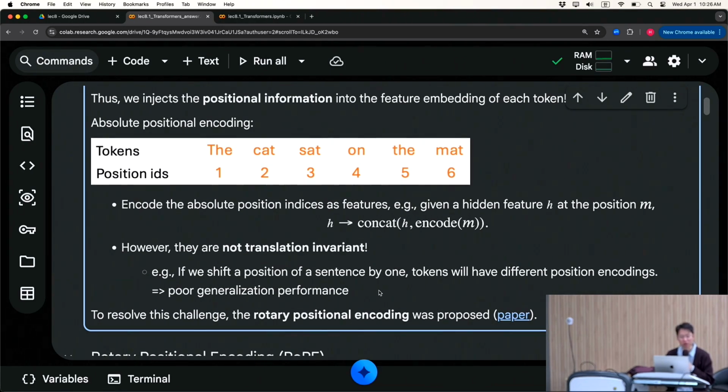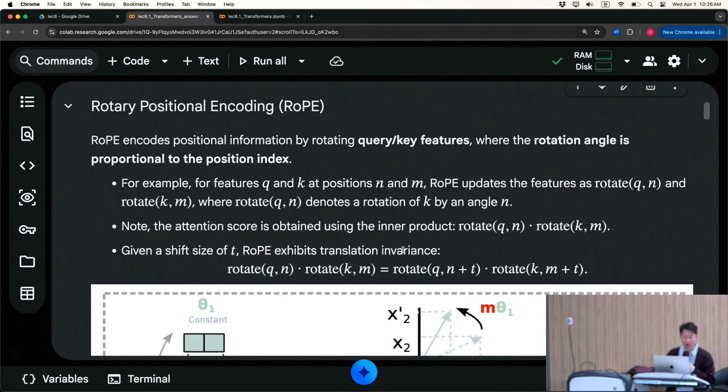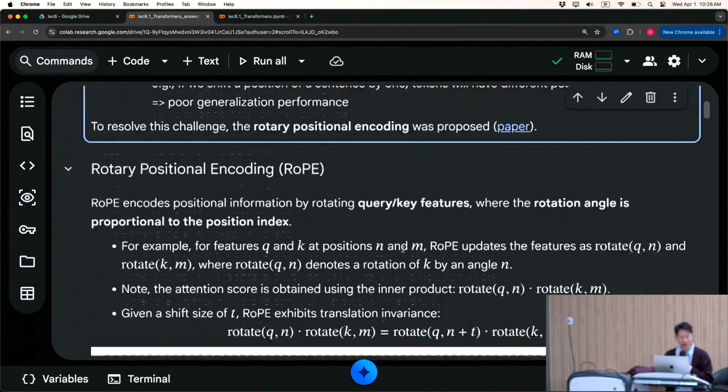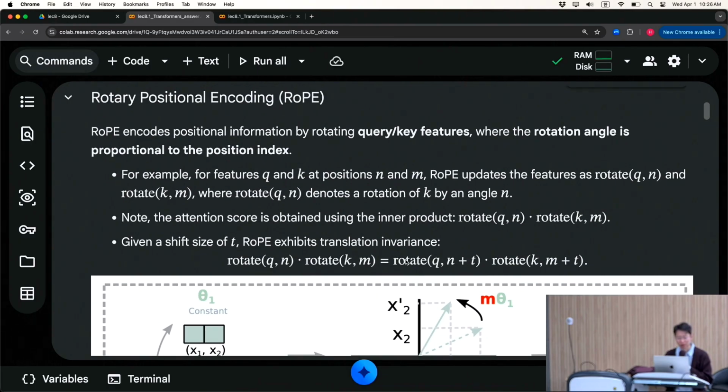It's a better use of the training data, in other words. So there are many different ways to encode the relative positions between two tokens. This is the most famous one, called RoPE, rotary positional encoding.